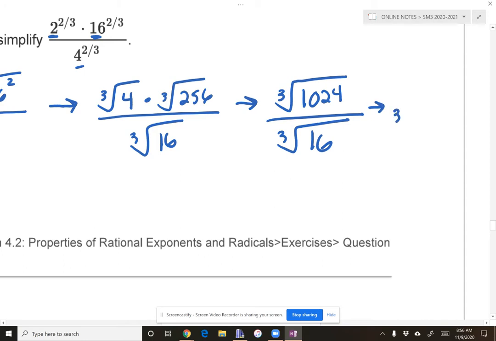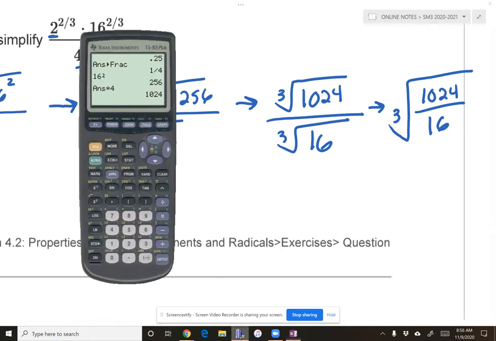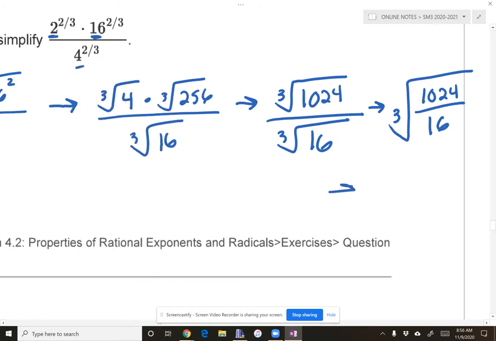I can now write this as one root, because the root sizes are the same, and I can simplify the inside. So I'm going to take 1024 and divide that by 16, and I get the cube root of 64.